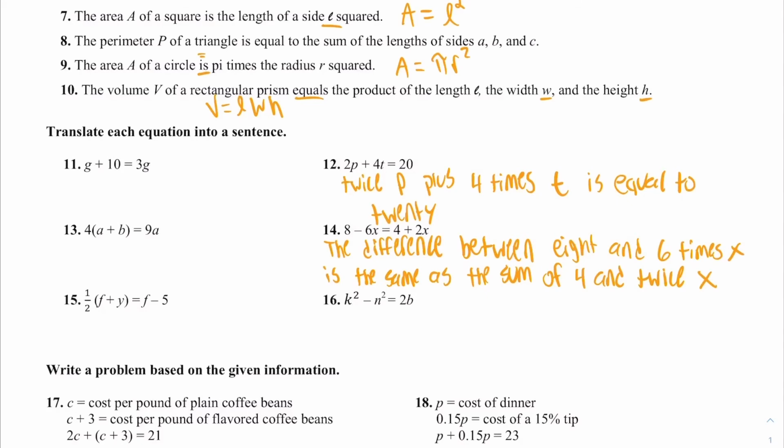Let's do this next one, we can do 15 and 16. Let's say on 15, half the sum of f and y is equal to 5 less than f.